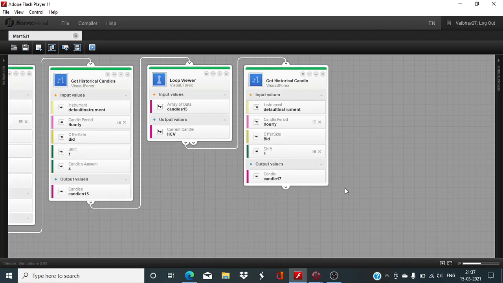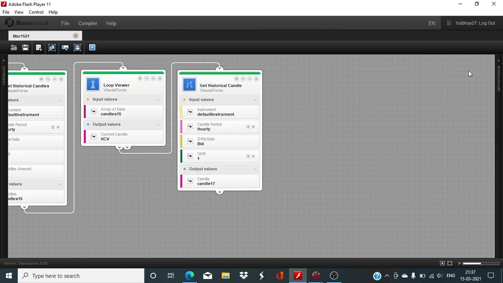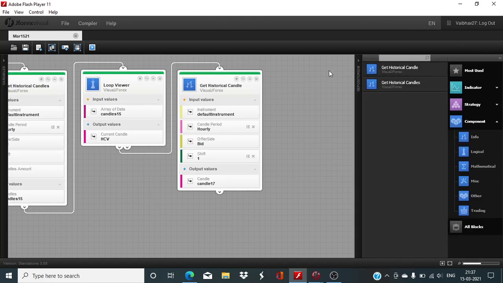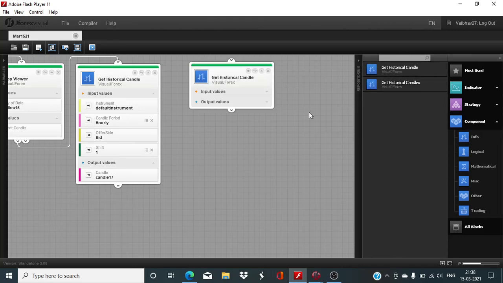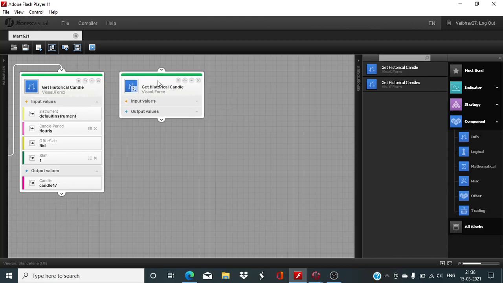So here we have got so far, and then to pinpoint the exact entry and exit points, as usual we are also going to need two 10-second candles.